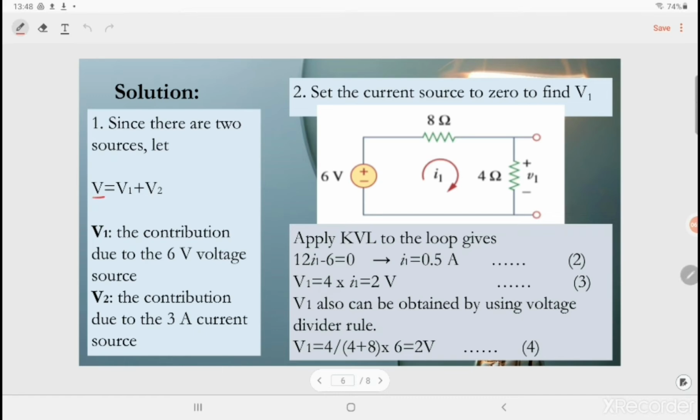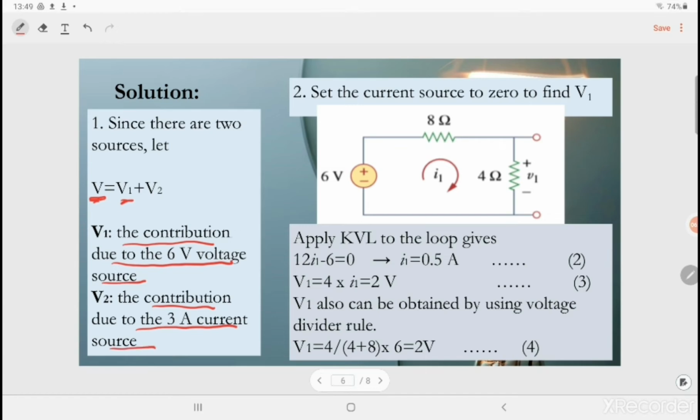V is the voltage that we are looking for. But we know in superposition, we need to consider one active source at a time. Therefore, V1 is the contribution due to the 6 volt voltage source, and V2 is the contribution due to the 3 ampere current source.